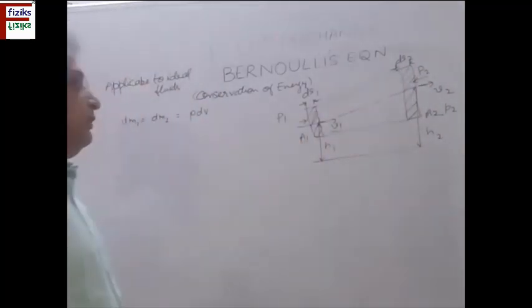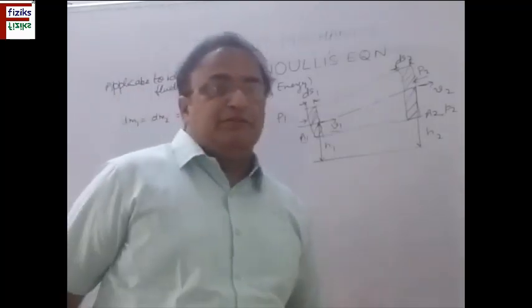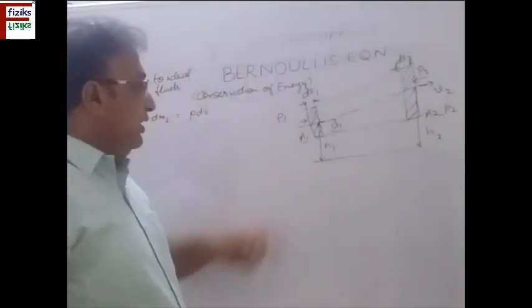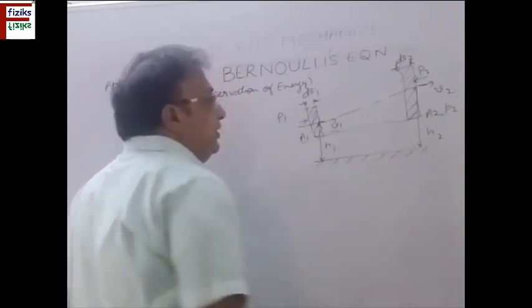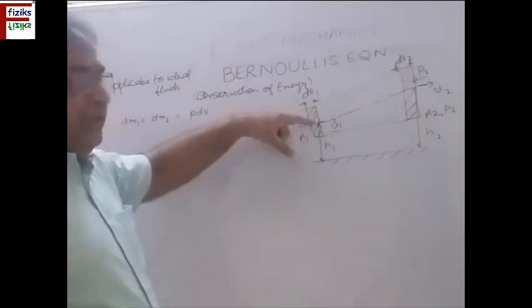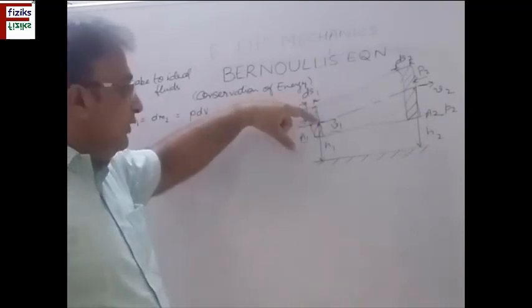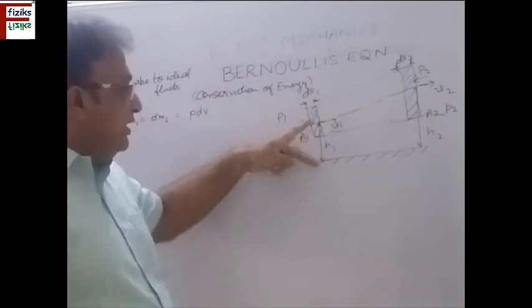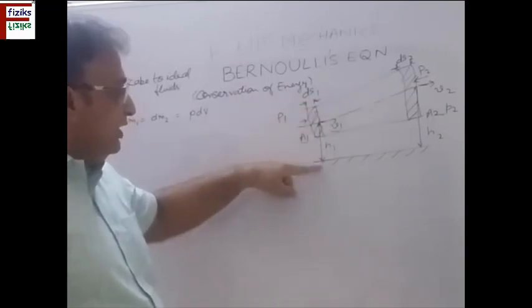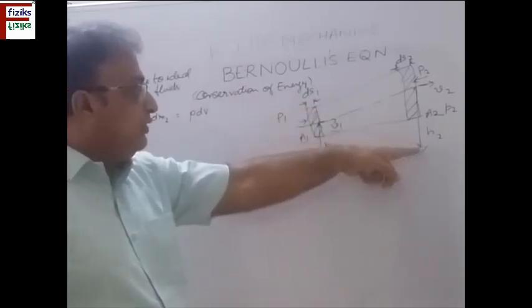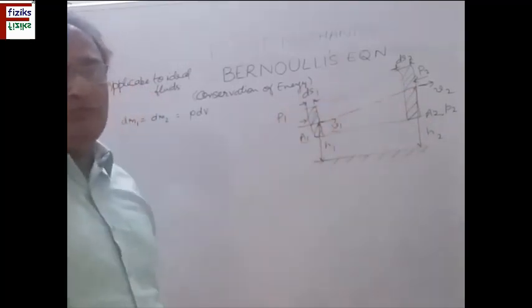Now here we have to apply the conservation of energy. So let us take this as the reference surface to measure the potential energy of the fluid. From the center line or the streamline of the fluid, the height of the center of mass of this cross section at inlet is h1 and at outlet it is h2.